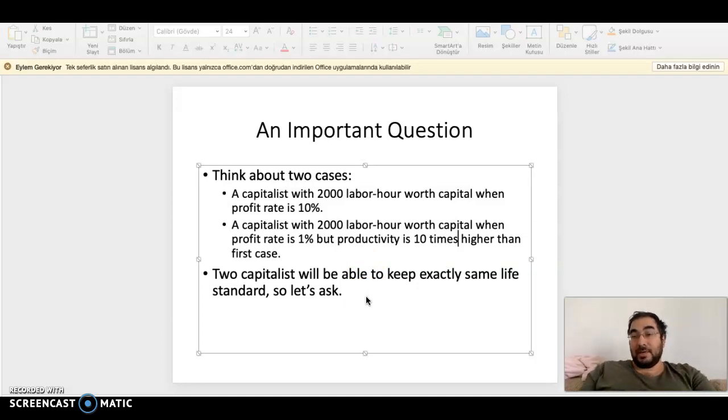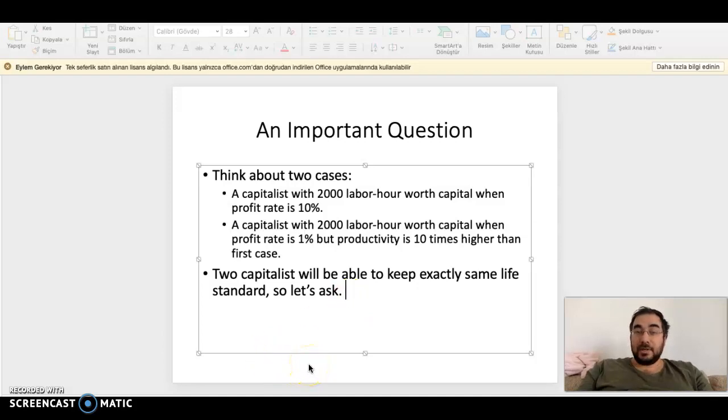Not necessarily. There are two characteristics of the profit rate that make it especially important. One of them is that the profit rate is not necessarily stable; it goes up and down.